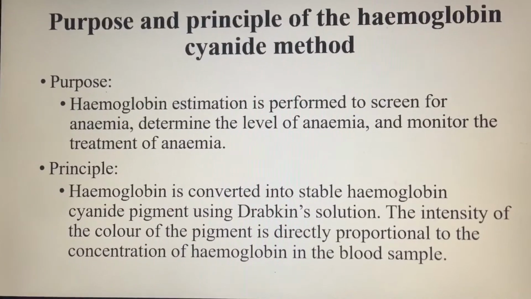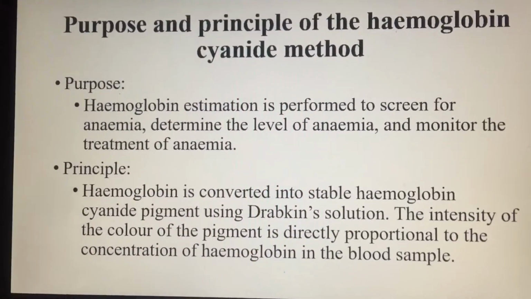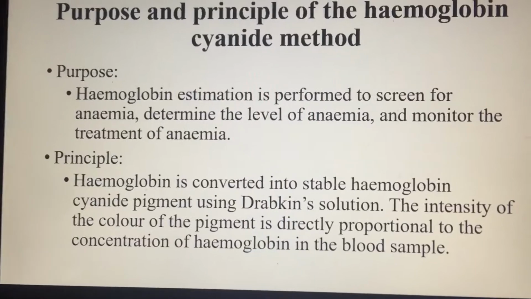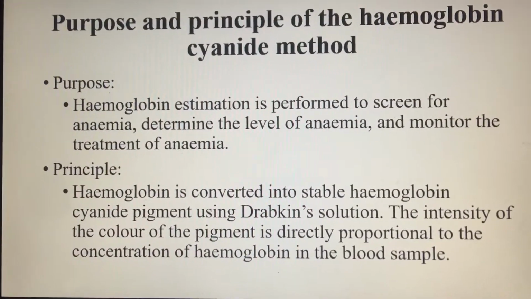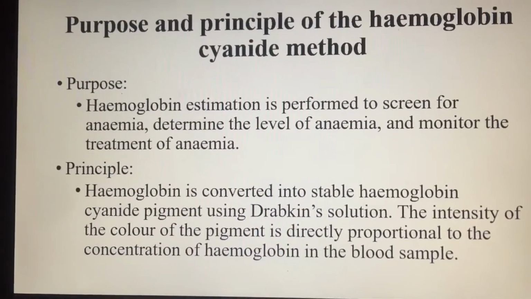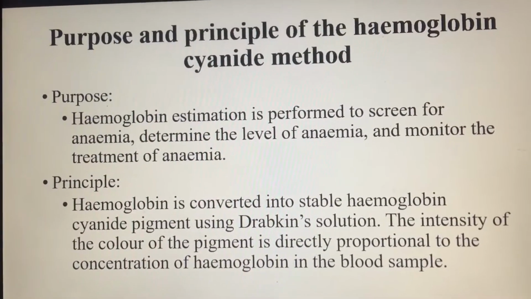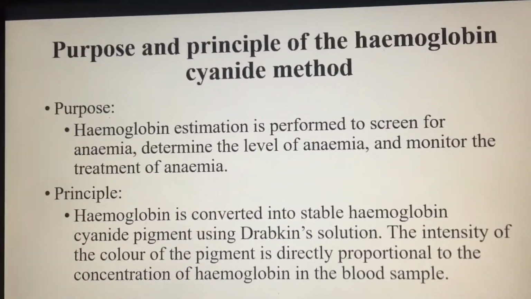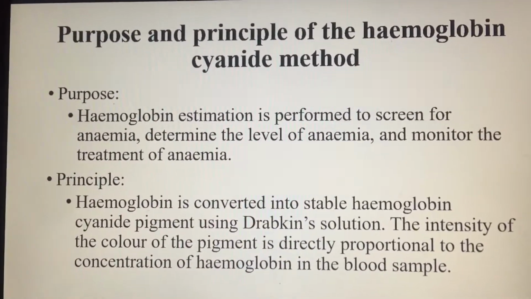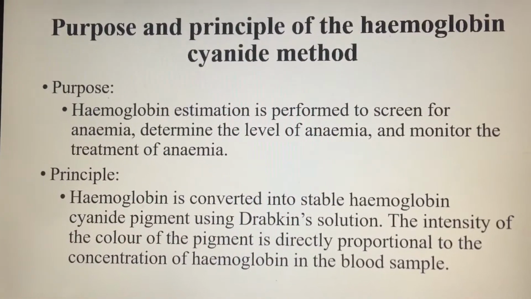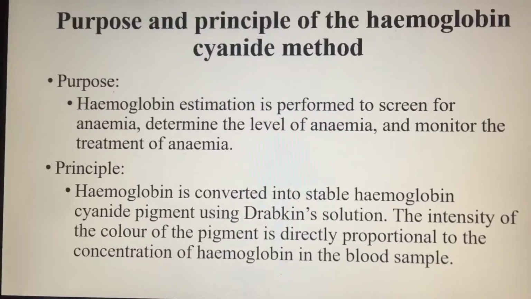When you take that Drabkin solution and mix it with hemoglobin, it is going to form hemoglobin cyanide, converted to the stable hemoglobin cyanide pigment.